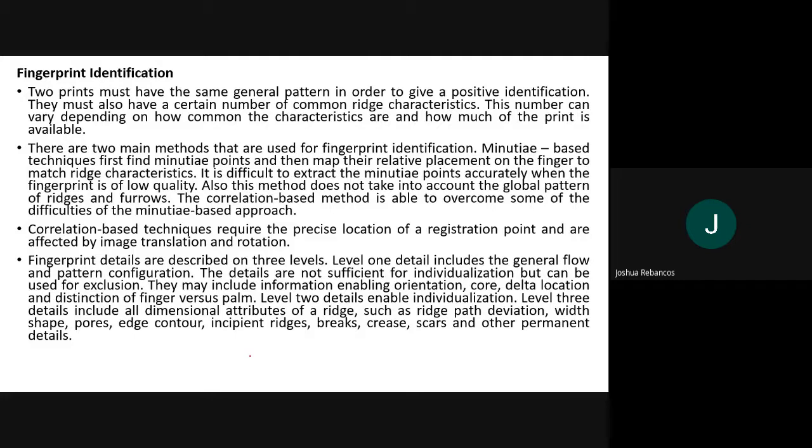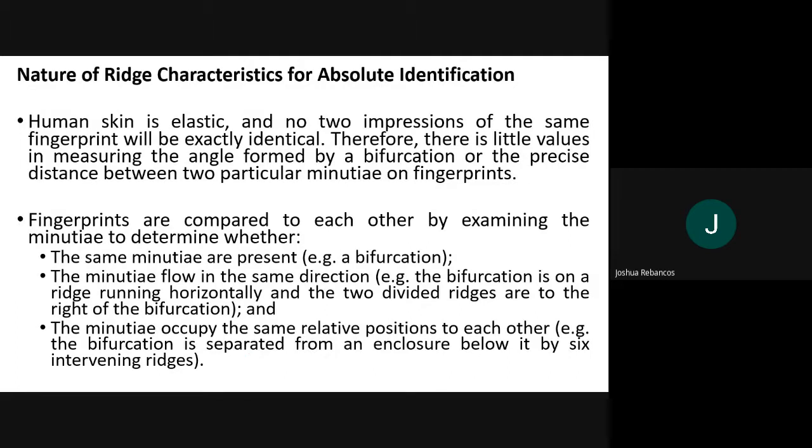Napaka-informative. So, ang pinakauna talaga is yung ridge flow o kaya yung pattern. Kailangan, pag sinabi doon na double loop whirl, magpapakita sa right thumb. Double loop whirl lang yon. Ulnar loop. Hindi pwedeng magka-different. Dali lang.